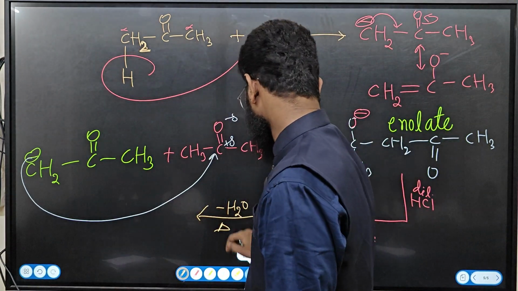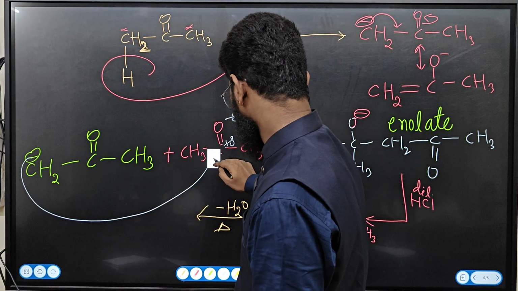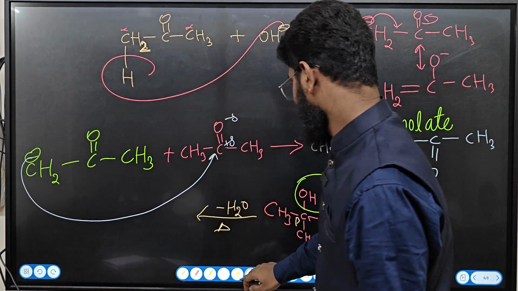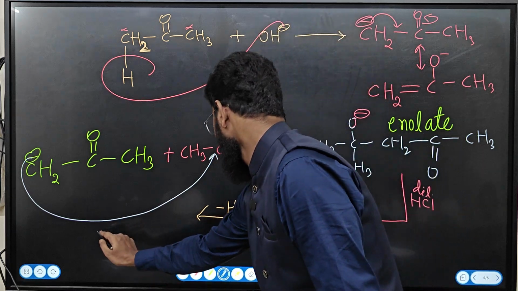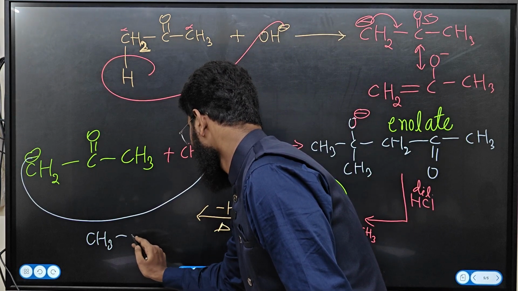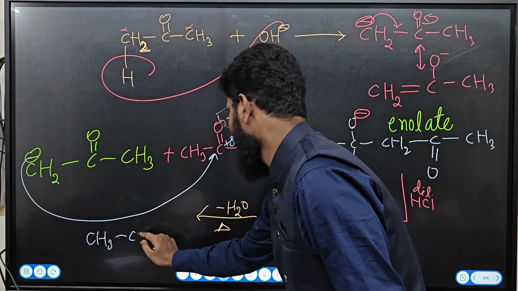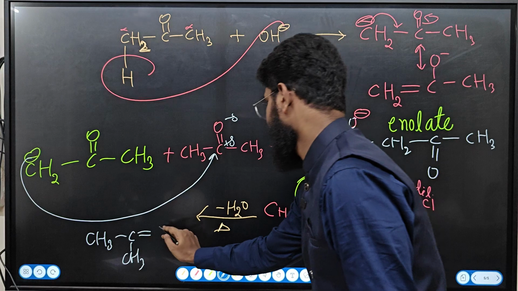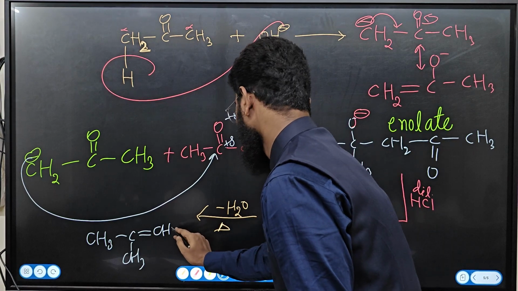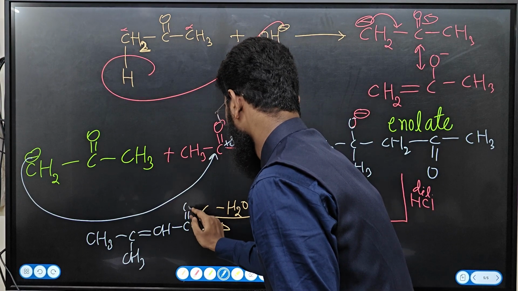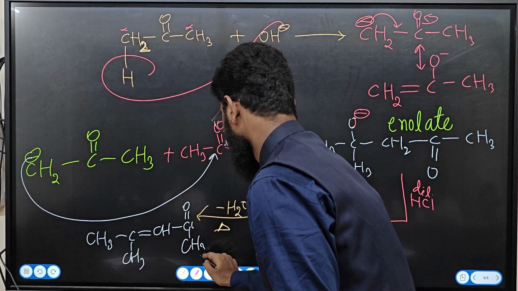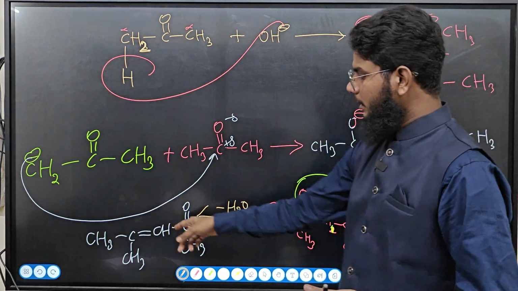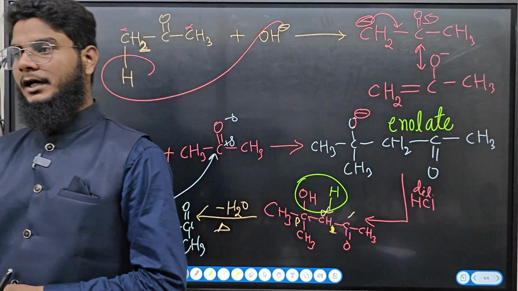Your final product will be CH3 C double bond CH3, CH, and then CO CH3, right? This is your final product, and this is again what you can say an alpha beta unsaturated carbonyl compound.